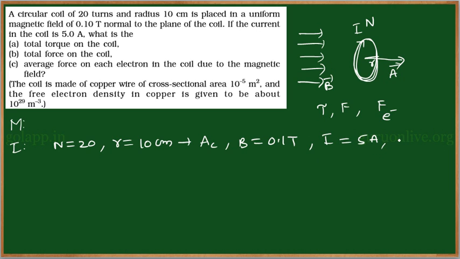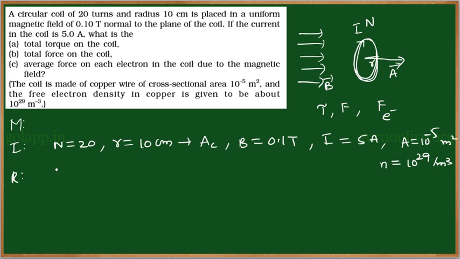Two more values are given: the cross-sectional area of the copper wire, A, is equal to 10 to the power of minus 5 meter square, and the electron density in the copper wire, n, is equal to 10 to the power of 29 per meter cube. These are the given quantities. Now I want to solve the problem.